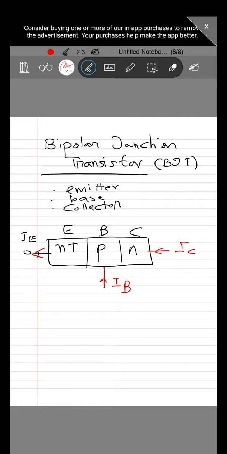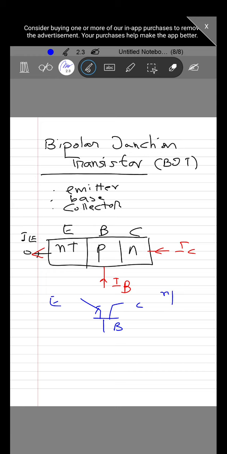It is symbolically written as emitter, base, and collector, with the arrow going outside as the emitter current.